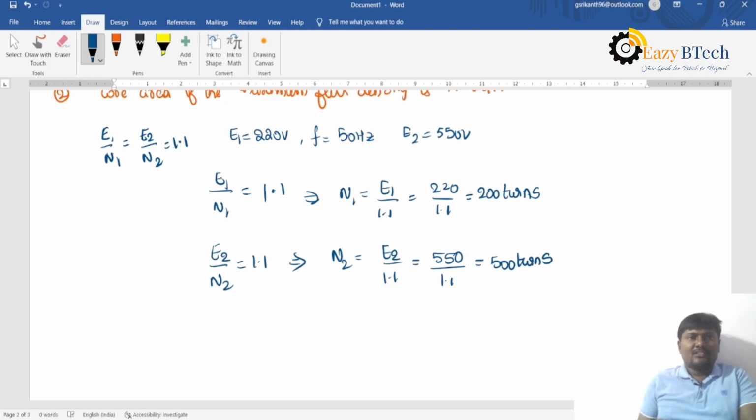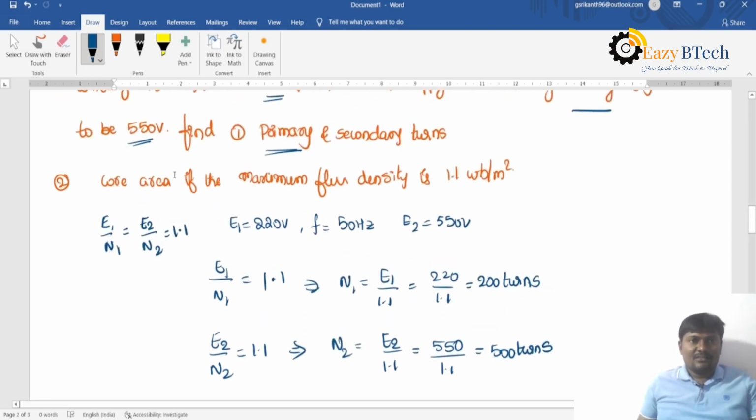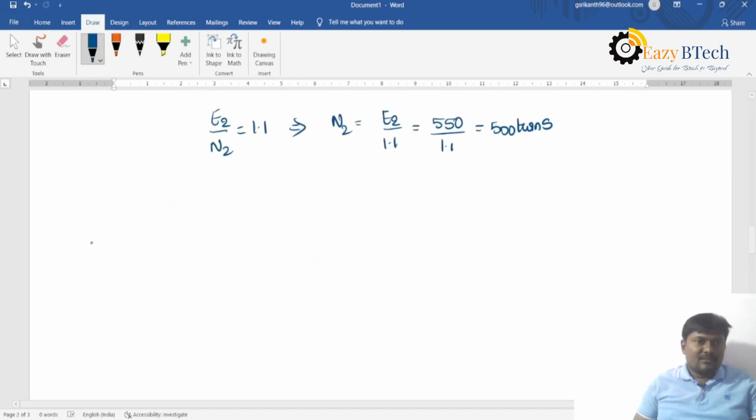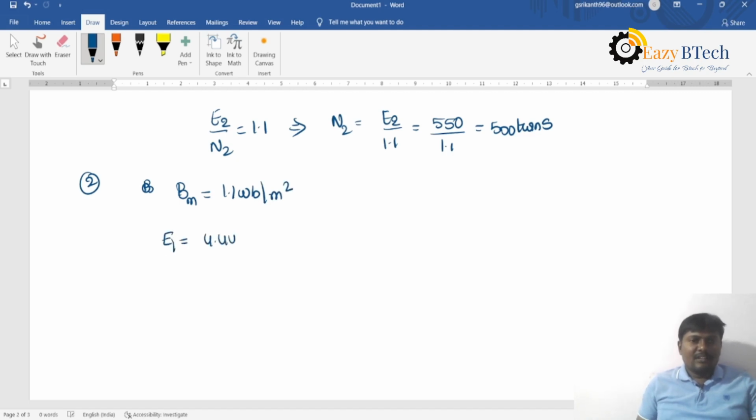And he is asking the core area, where the maximum flux density is 1.1 Weber per meter square. So you can substitute in any one of the EMF equations, either the primary induced EMF or the secondary induced EMF.